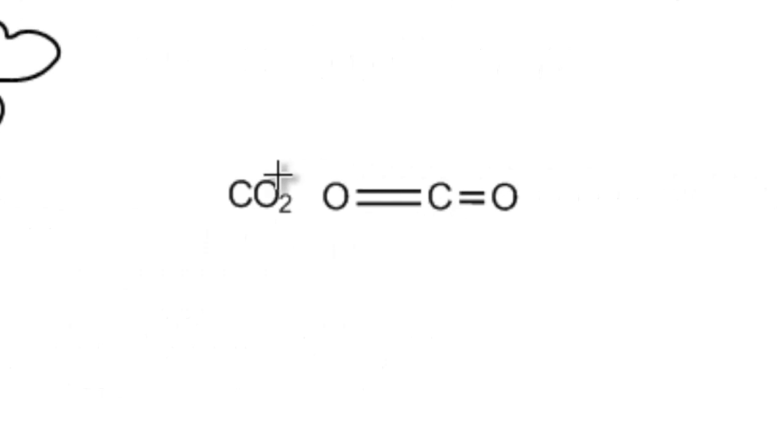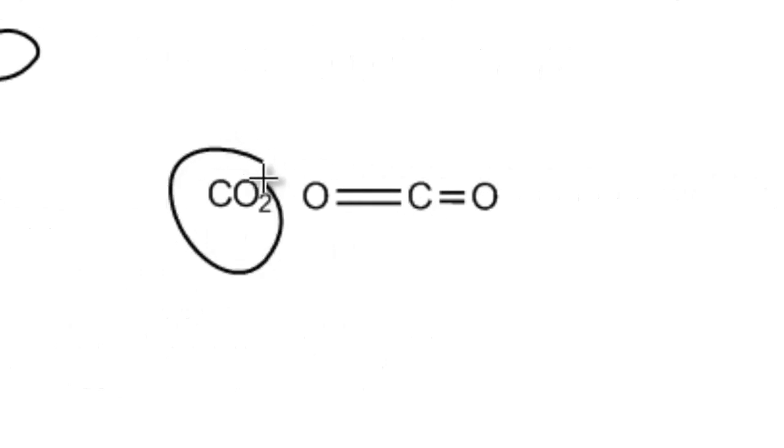Alright, now let's move to another compound, carbon dioxide. If you draw the Lewis structure, it's over here. Let's find the hybridization of carbon. We do the same thing: find the number of lone pairs, which we don't see here, so lone pairs is 0. Then we count the number of atoms it's connected to.